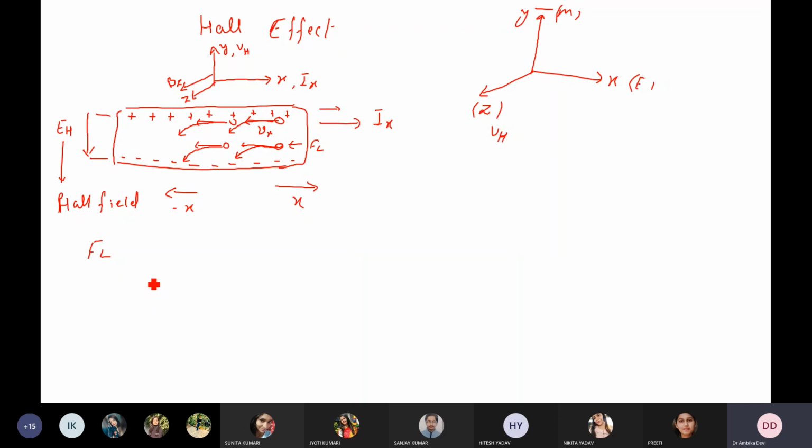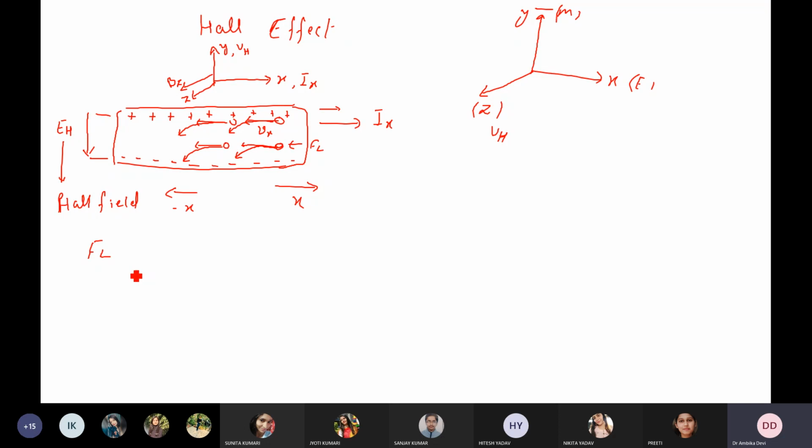We can also determine the sign of the charge carriers, whether they are holes or electrons. It can be determined by using this experiment. So this is a very important experiment in physics.